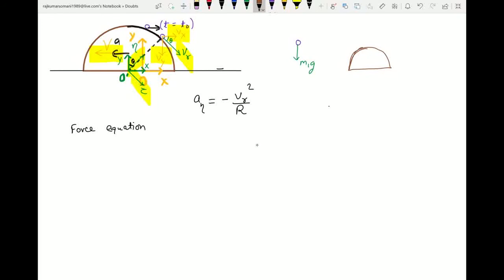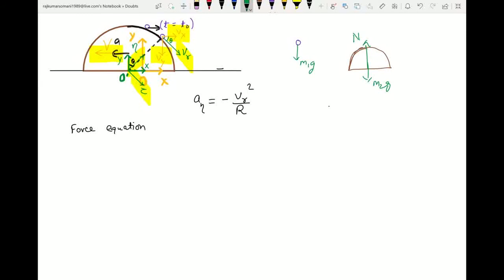In this frame of reference, the forces acting on the hemisphere are its m2g and the normal reaction from the ground. And since there is no normal reaction from the particle, there is no net horizontal force acting on the hemisphere. So I can say that the hemisphere at this particular instant is not accelerating.